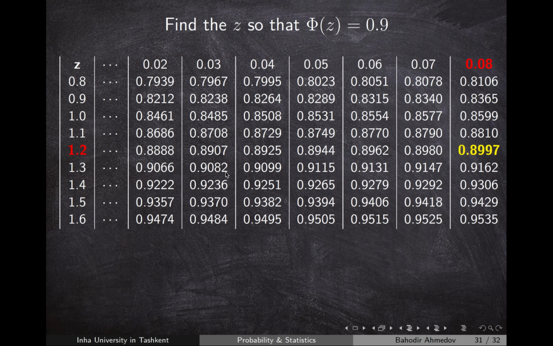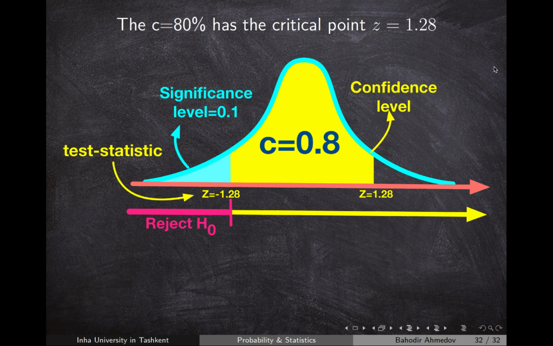So the value for the z is going to be 1.2 and 0.08. So it means that the value of the z, which corresponds to this area, is going to be 1.28. So the value for the minus z is minus 1.28, and the value for the z is plus 1.28, and the area between minus 1.28 and plus 1.28 is going to be 0.8.